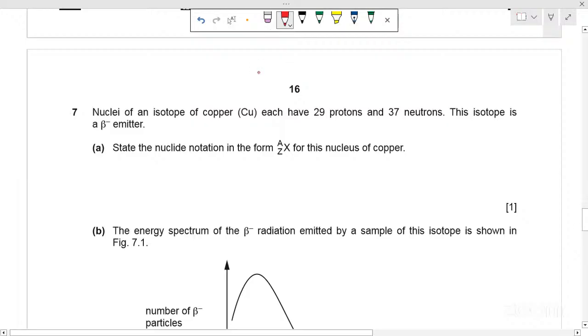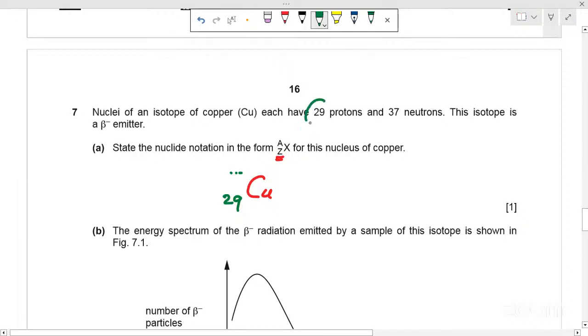Very simple. Z shows the number of protons, and the symbol mentioned is Cu, and the total protons are 29. So you will write 29 over here. The upper number is the nucleon number, which is protons plus neutrons.